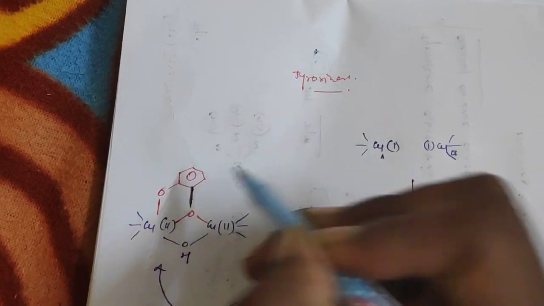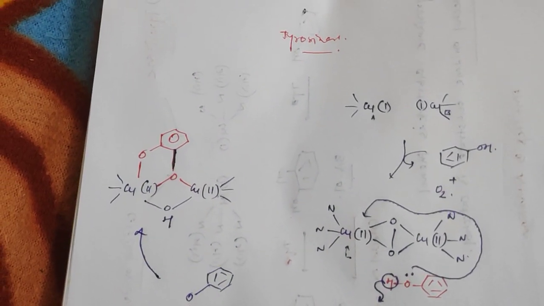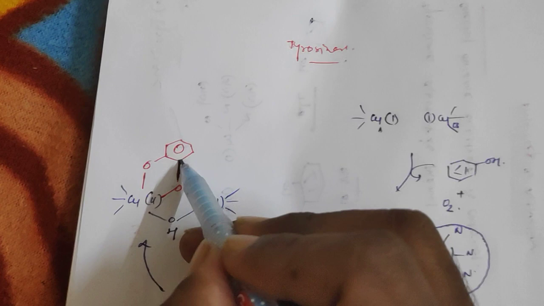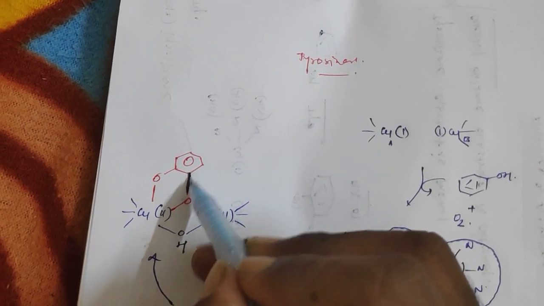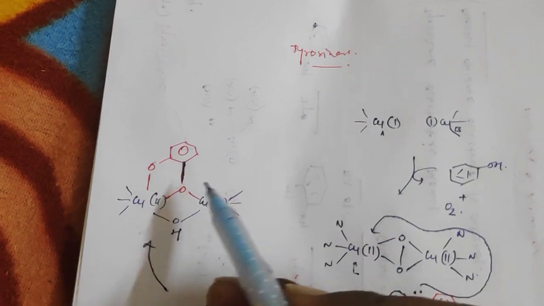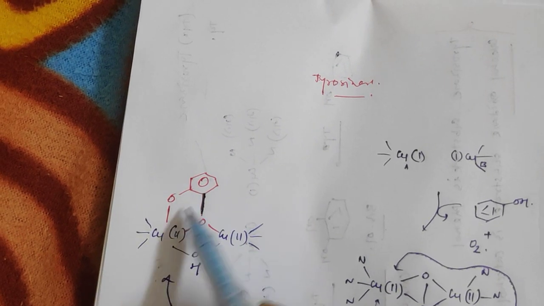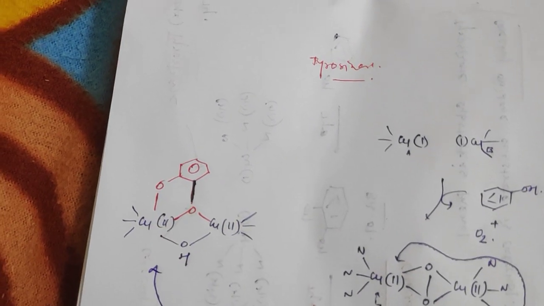So here what is happening, the CH activation is occurring, that CH bond, and it is directly coordinated with the oxygen. So this moiety is becoming like a catechol part.